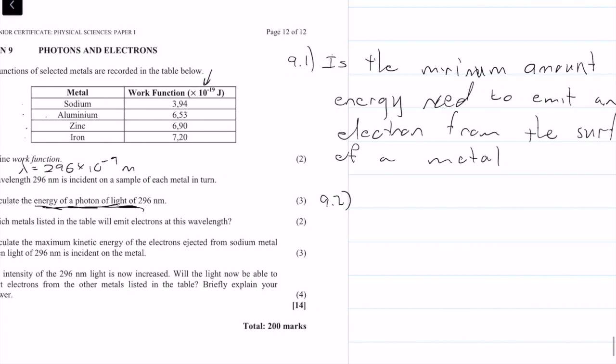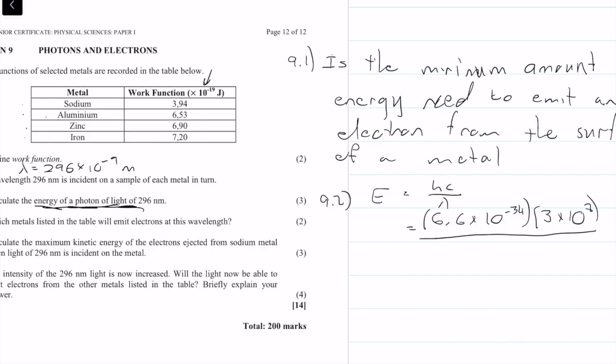We can use the equation E equals hc over lambda, where h is Planck's constant and has a value of 6.6 times 10 to the minus 34, c is the speed of light and has a value of 3 times 10 to the 8, and lambda is the wavelength, which was 296 times 10 to the minus 9.